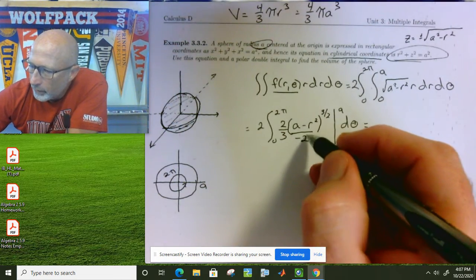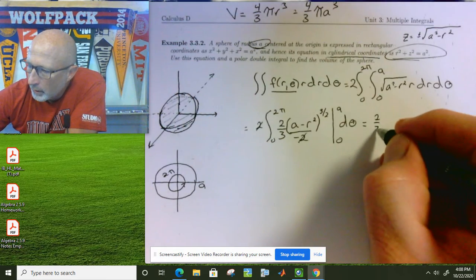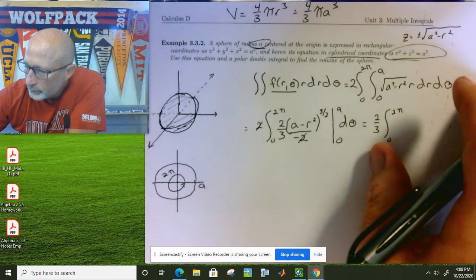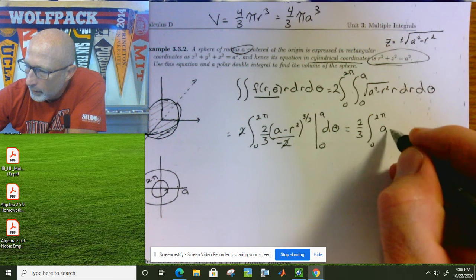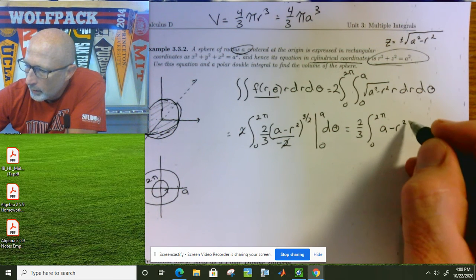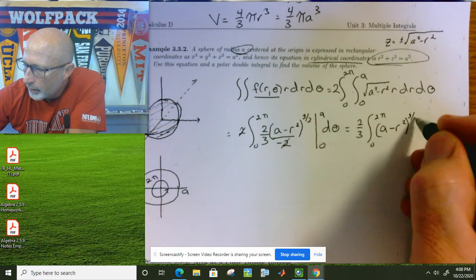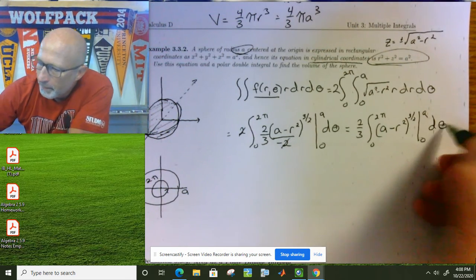So this 2 will cancel this 2. I bring out the 2/3, and I'm going to integrate from 0 to 2 pi. I'm just left with a squared minus r squared to the 3/2 power, going from 0 to a, d theta.